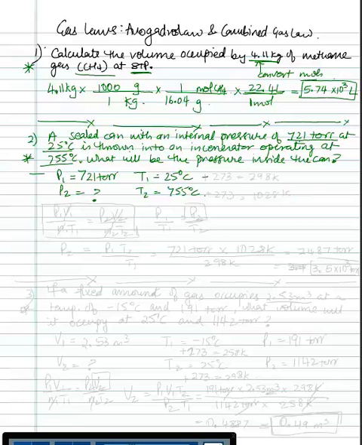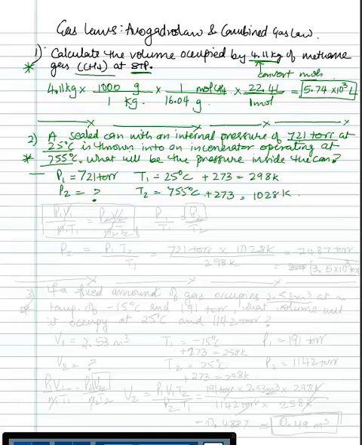The first thing we do is convert our centigrade into Kelvin. So 25 plus 273 is 298 Kelvin, and 755 plus 273 is 1028 Kelvin.